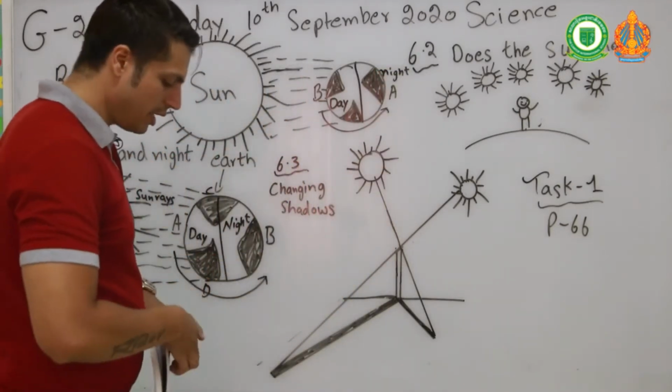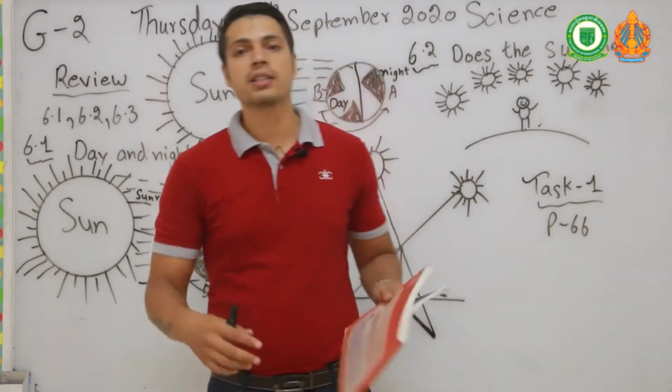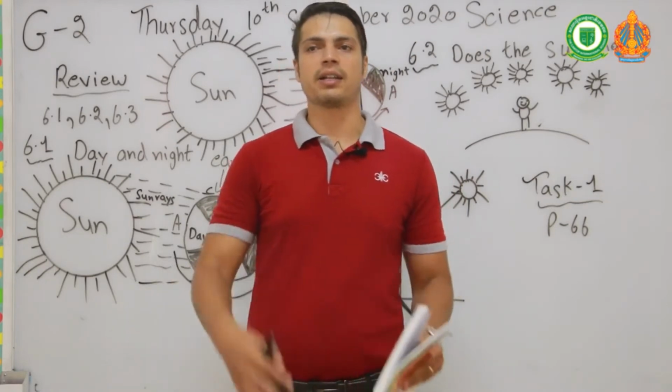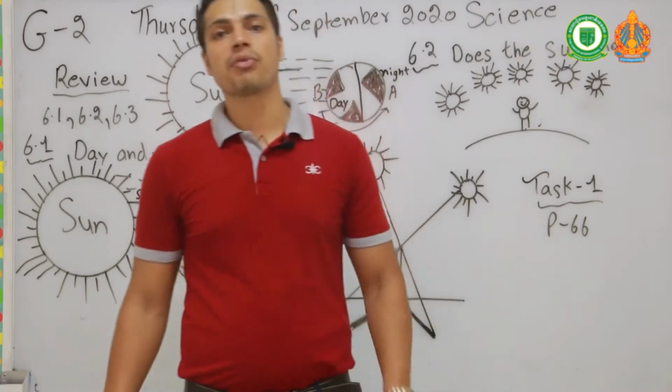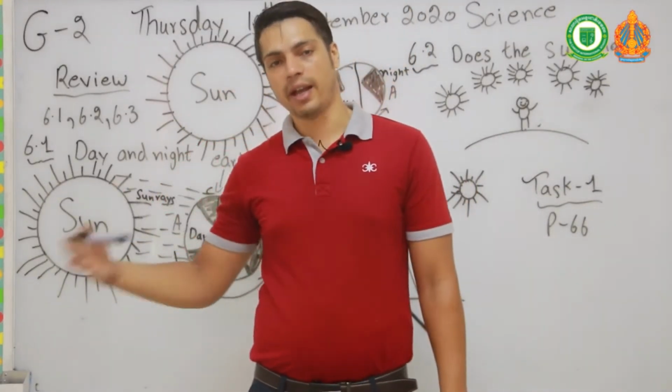So that's how we see night and day, because the earth spins on its axis. That's why in 24 hours we see day and night again, because the earth completes one rotation in 24 hours.